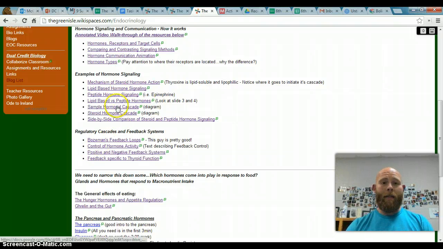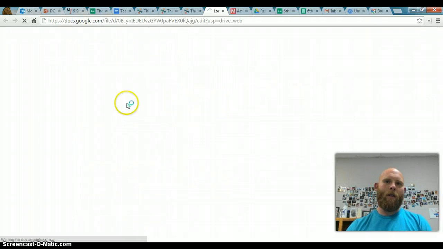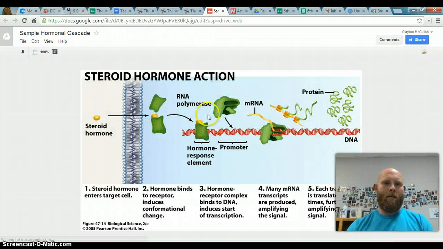Let's see. I've got a couple of diagrams here. These two again show you just steroid. Rather than animation, it shows you the steroid diffuses through, comes in contact with the receptor, goes to the hormone response element on the DNA. Basically, it attaches to a specific spot based on its shape, and then it causes that DNA to be copied, making mRNA.